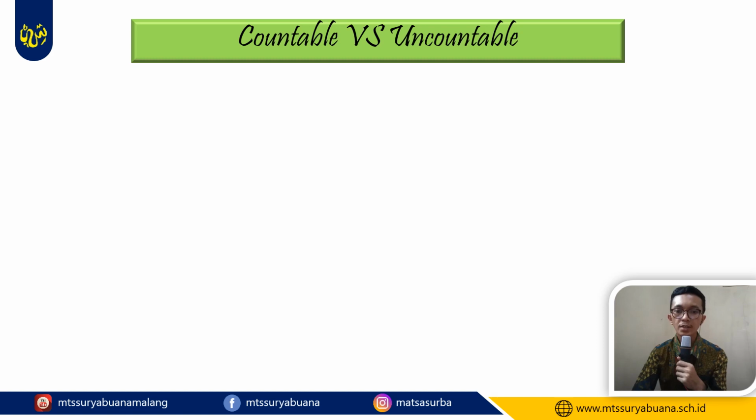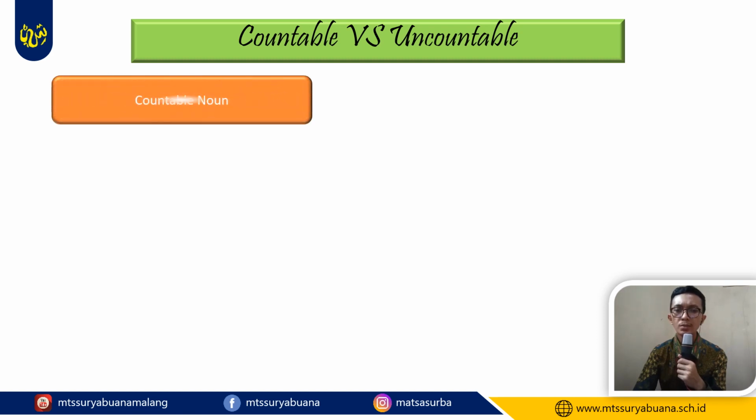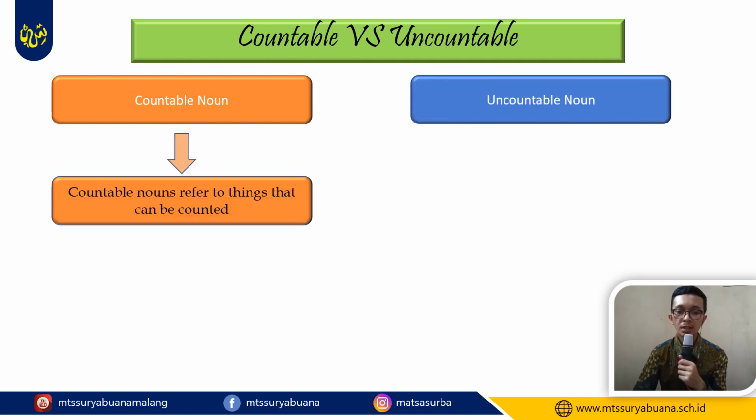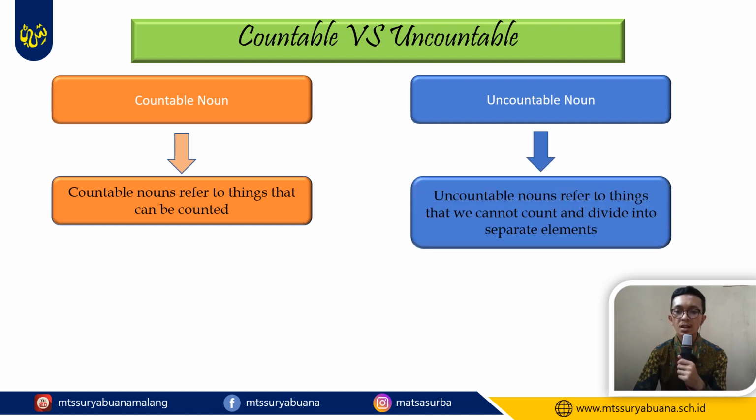Okay, here is the first explanation for you, about countable versus uncountable nouns. What is the difference between countable and uncountable nouns? Alright, countable nouns refer to things that can be counted. And then, uncountable nouns refer to things that we cannot count and divide into separate elements.